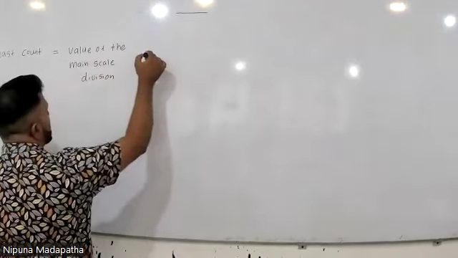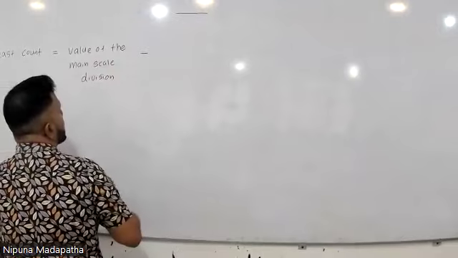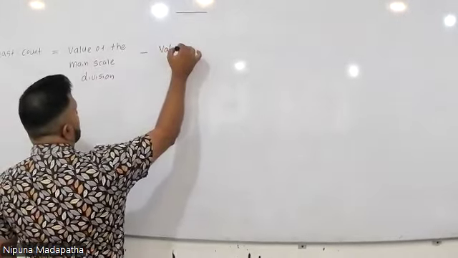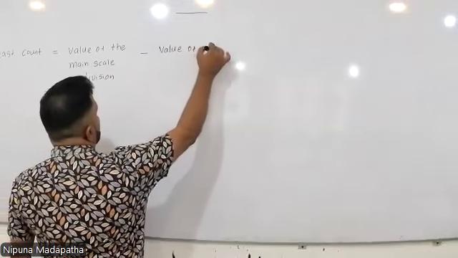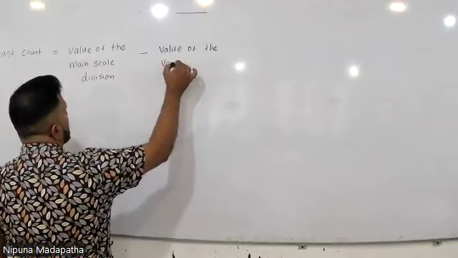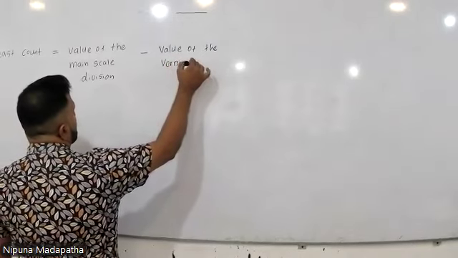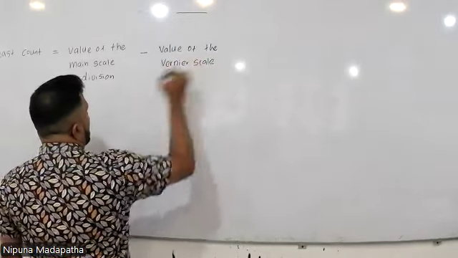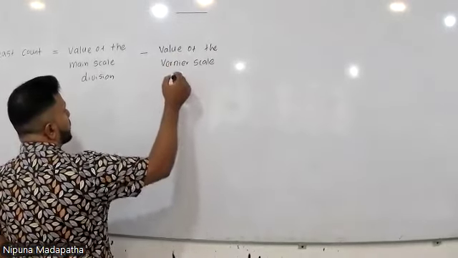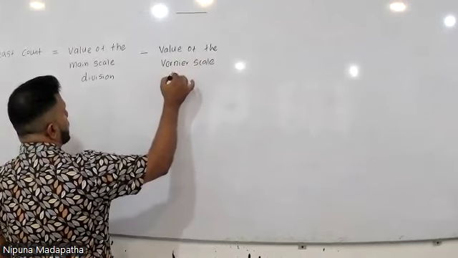It is the difference between the value of the main scale division and the value of the vernier scale division. The only difference is that the vernier scale is an angle measuring one.